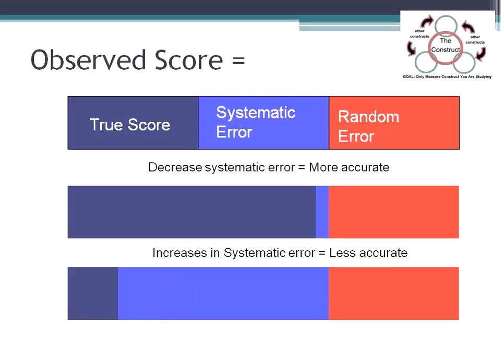If we increase systematic error, that means that our observed score contains less of this true thing we're trying to measure, less depression, less college readiness, and more these other things that are systematically influencing measurement, then we're going to have a less accurate measure. It's going to be less valid.